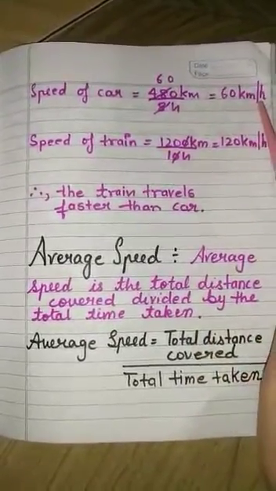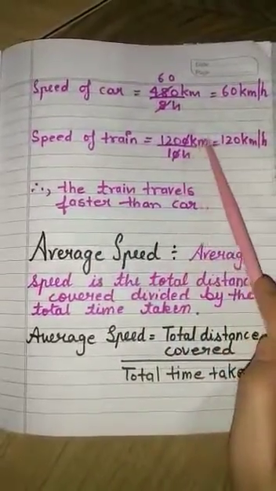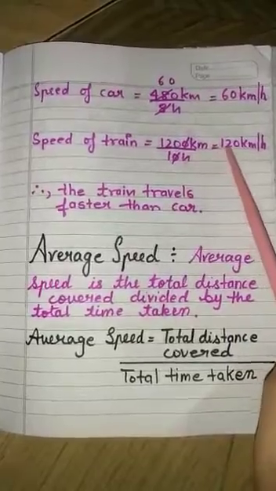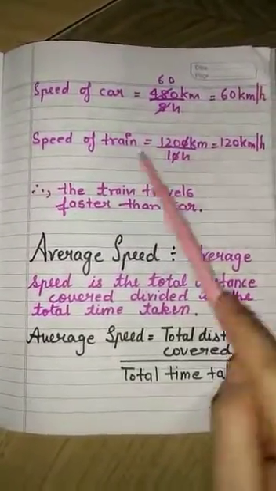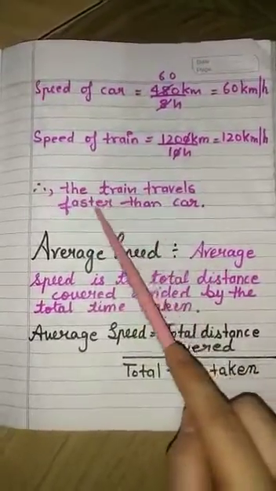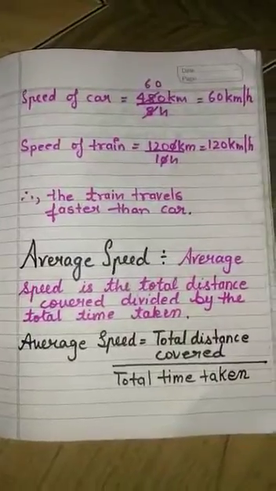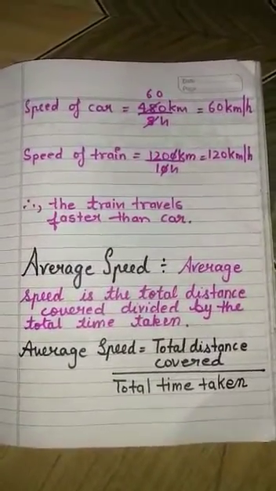We got the answer 60 km per hour. Speed of train: 1200 km and time is 10 hours. We got the answer 120 km per hour. Now compare the speeds. So the train travels faster than the car. This is how speed helps us find out which body is in fast motion or slow motion.